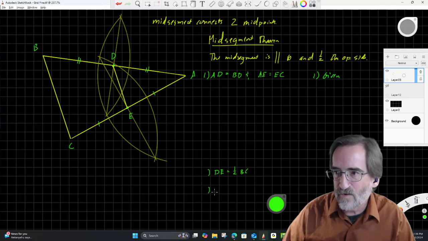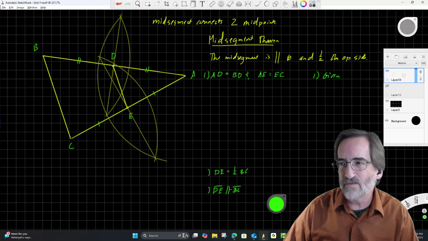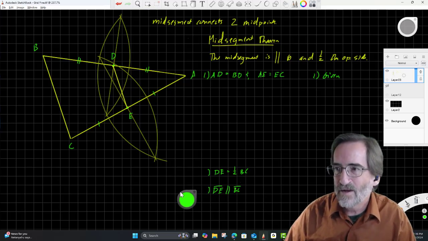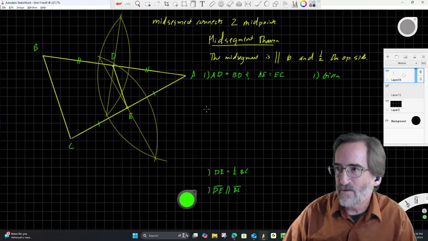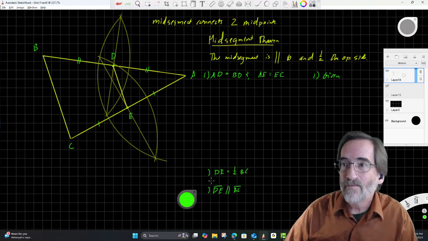And I want to prove that DE is parallel to BC. Okay, so this could be two separate proofs, but we're going to try and squeeze it all in. All right, so let's see what we know. We've got the starting point and we've got the conclusion. All right.